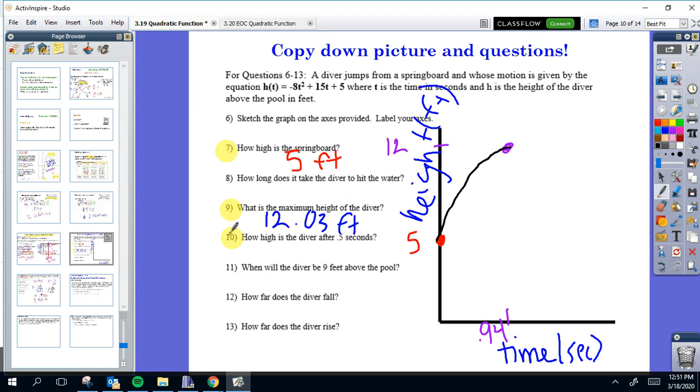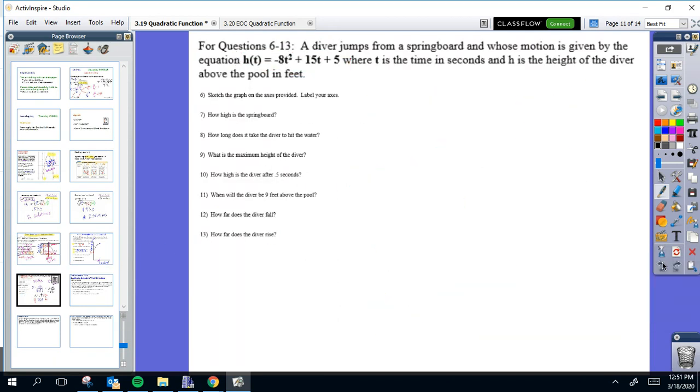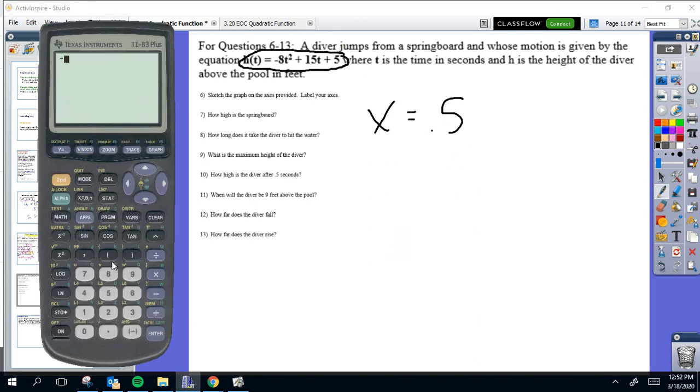All right, so I did 7, 9, moving on to 10. How high is the diver after 0.5 seconds? All right, so if x equals 0.5, all I need to do is use my equation and plug in 0.5. And when I do that, I get 10.5.